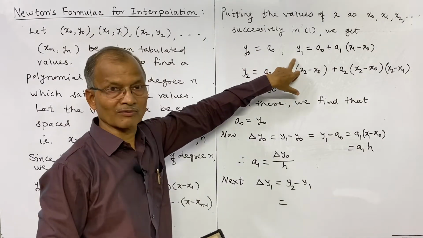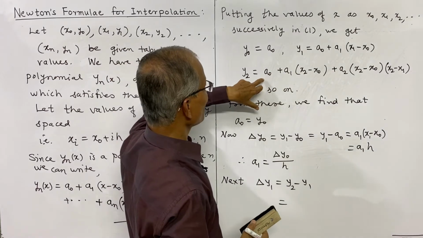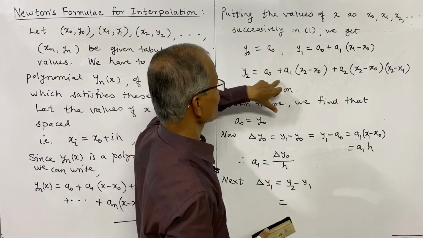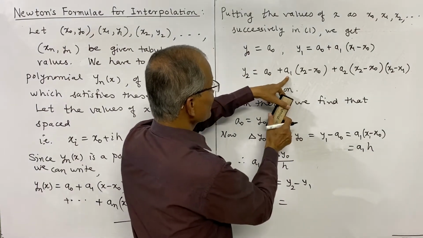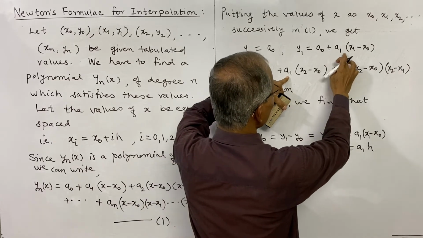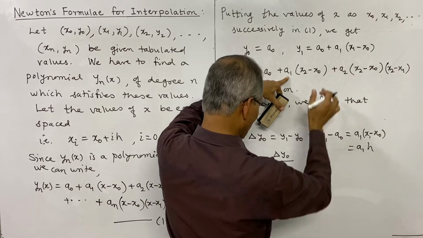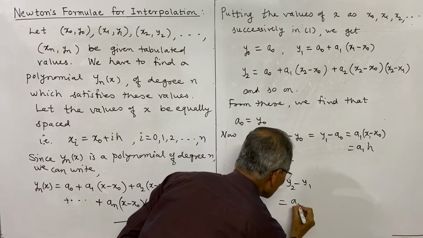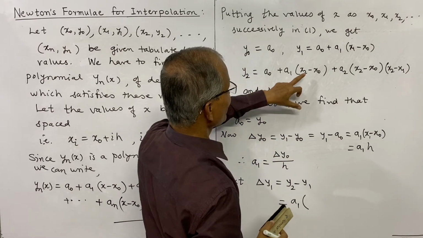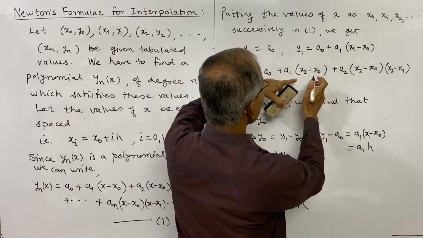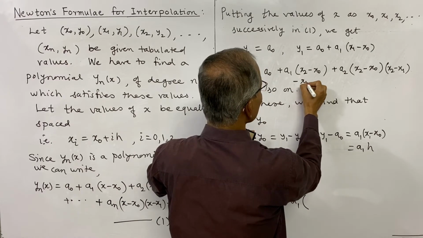Now see, from y2, y1 is to be subtracted. a0 cancels, and this is a1 into x2 minus x0 minus a1 into x1 minus x0. Take a1 common, so that is a1 in bracket. What remains in bracket? x2 minus x0 minus x1 minus x0.